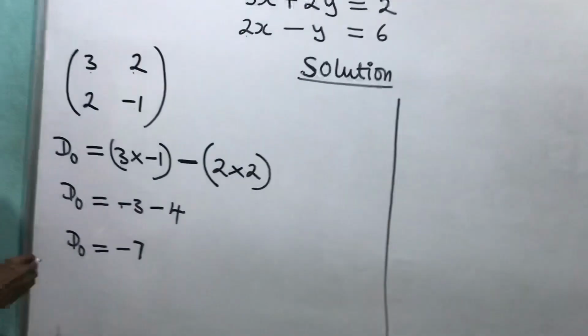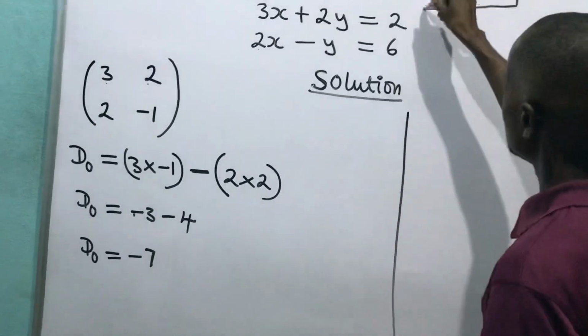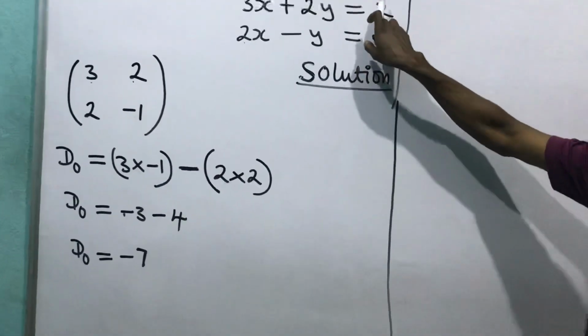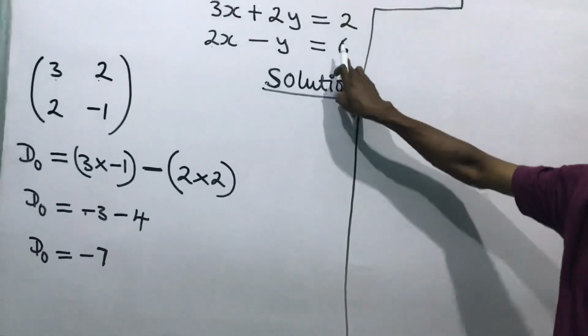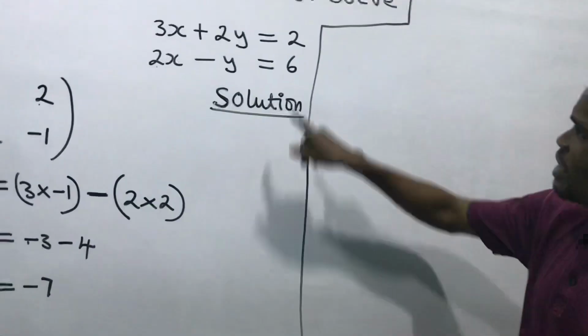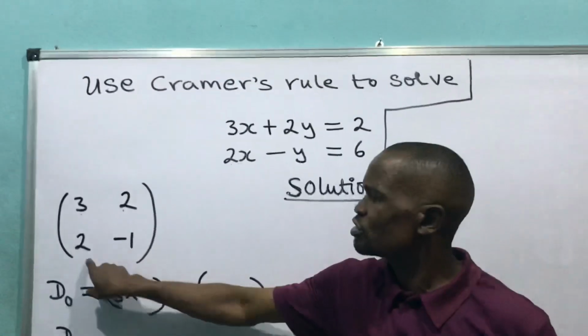That's my D0. The next thing I'm going to do, let's watch here. I'm going to use these constants 2 and 6 to replace the coefficients of x. What did I say? I'm going to use these 2 and 6 to replace the coefficients of x here.